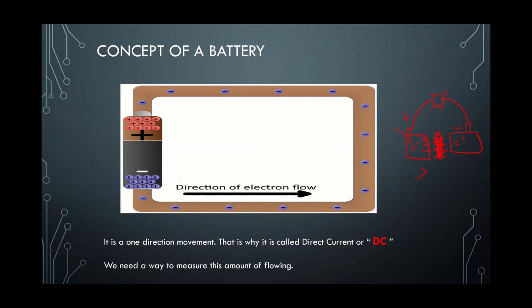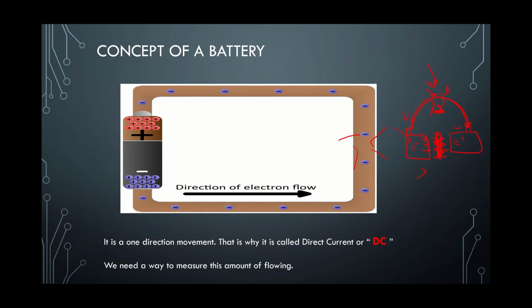When you connect a lamp, the electron will move from here to here. The energy generated by the movement of electrons can be used to do work. For example, glow a bulb, or charge a mobile, or run an electronic device. So whatever the application is, the movement of electrons can generate energy to do this work.